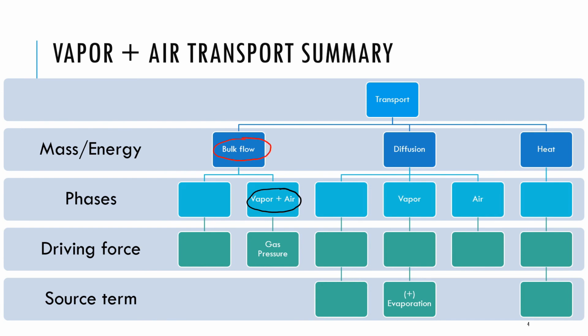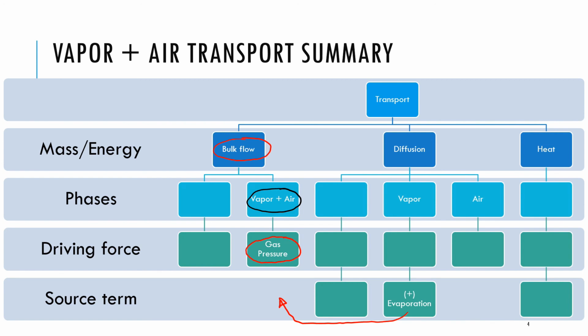So it is under flow, and the driving force for the flow is gas pressure. It also has the evaporation term because it has vapor in it and vapor is generated. So then the gas equation, that's the vapor plus air, provides the pressure for the system.